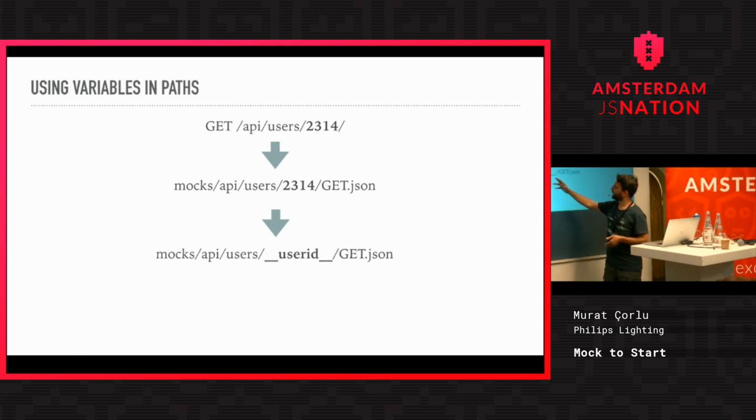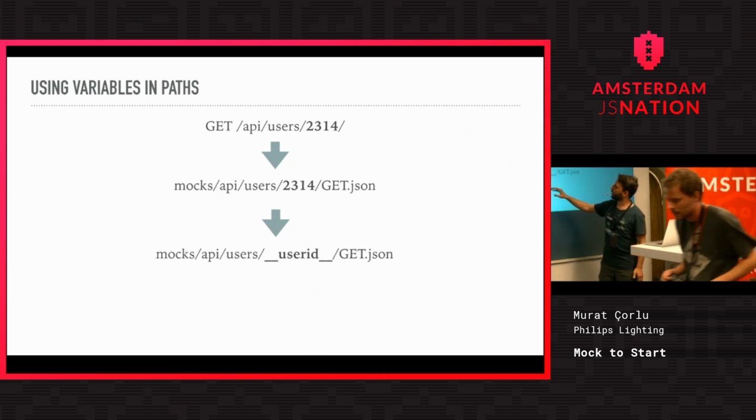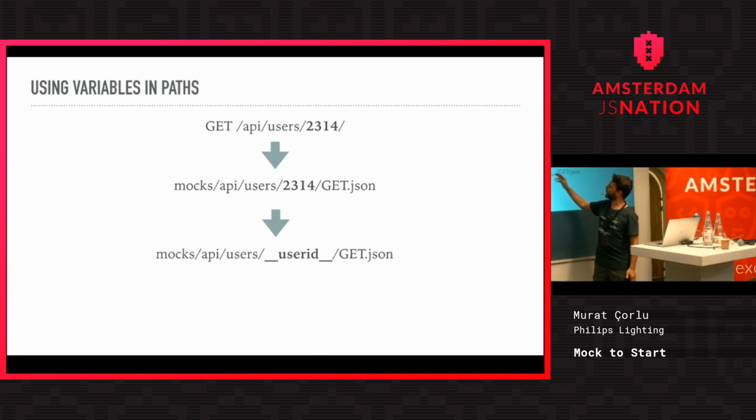If you define a variable name starting and ending with double underscore, that means this is a wildcard, and all of the requests for that path with any numbers will be responded to by that get.json file by Connect API Mocker.